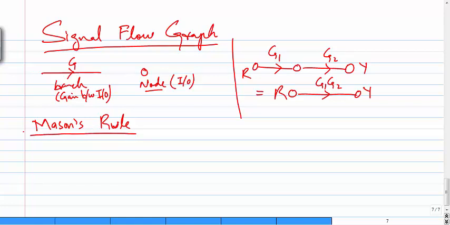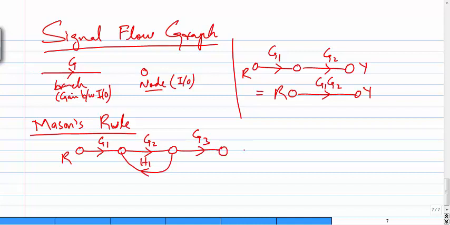For example, if this is a graph and we want to solve it, G1, so this is your input. Then we have another node represented by G2. Then that node is coming back with minus H1. Then this goes further with G3.